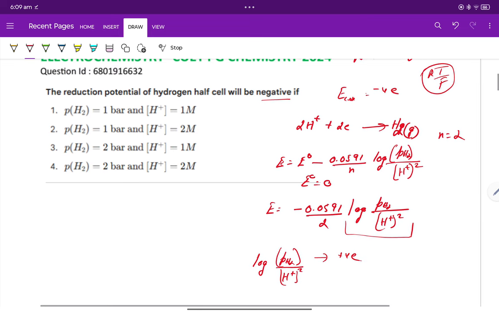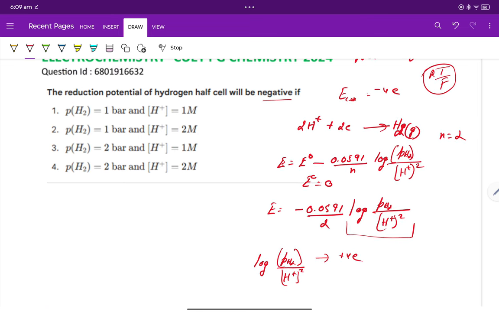To check that, you can directly see the options one by one. What is the first option? P of H2 is equal to 1 bar and H plus is equal to 1 molar.